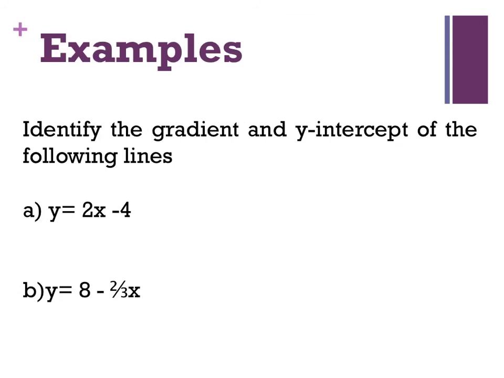I also have to pay attention to if it's a positive or a negative. So this says y equals positive 2x, okay? So my gradient, or m, will be 2. My y-intercept, okay, I'm just going to write that as y-int. My y-intercept will be whatever else is followed in the equation. So this says y equals 2x subtract 4, which must mean that my line is hitting the axis at negative 4.